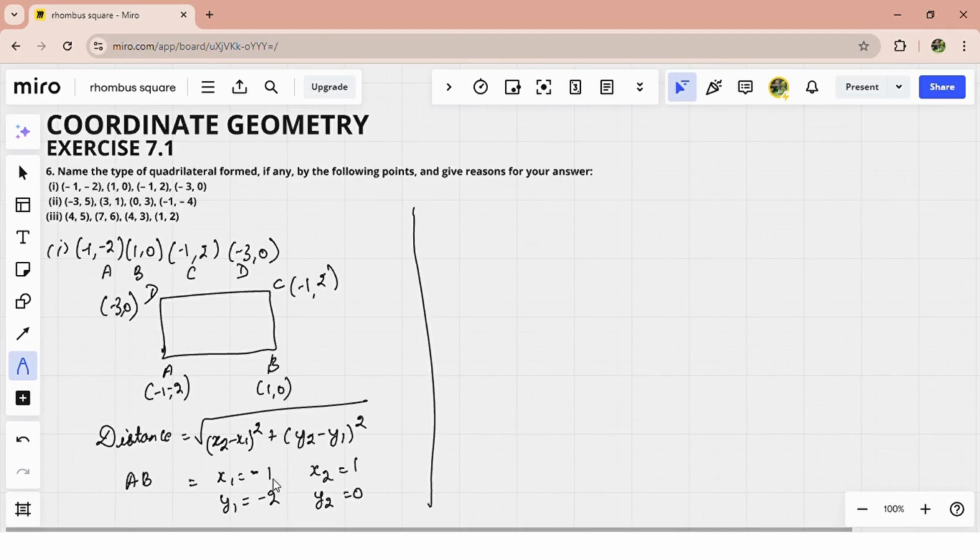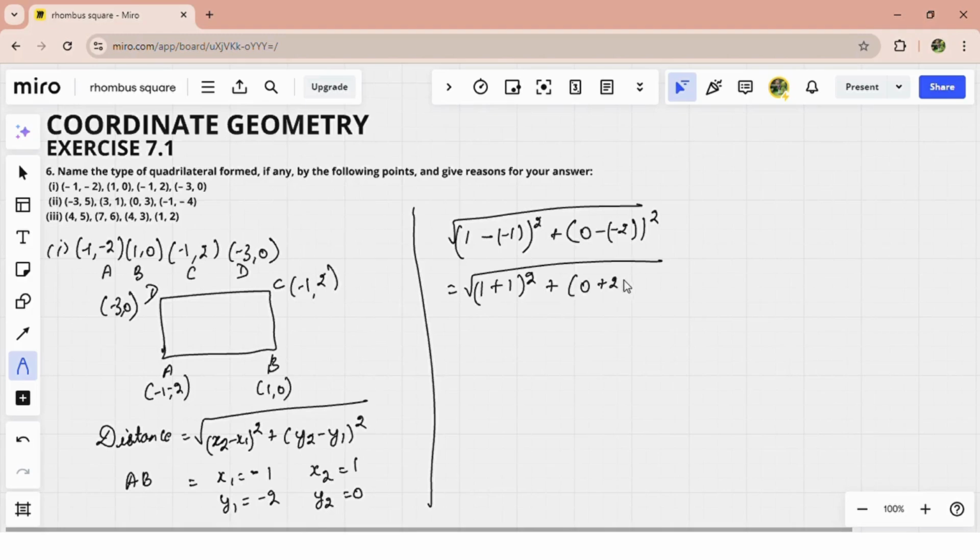Now I'm going to substitute in this formula: root of (1 minus (-1)) the whole square plus (0 minus (-2)) the whole square, which will be equal to root of (1 plus 1) square plus (0 plus 2) square, which is root of 2 square plus 2 square, which is root of 4 plus 4, equal to root of 8. Okay, so we got this.